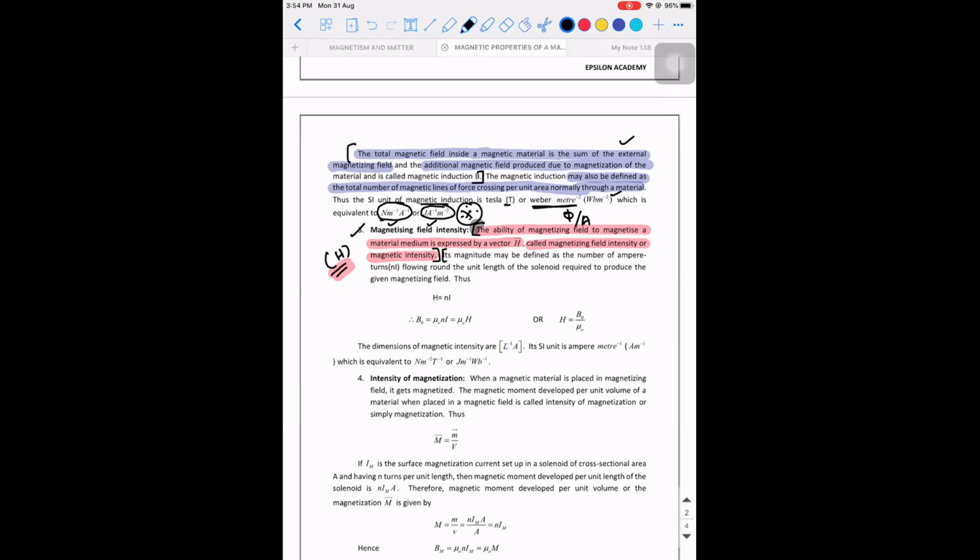So it may also be defined as, write it down, the number of ampere turns flowing around the unit length of the solenoid, which is required to produce a given magnetizing field. I'll explain what it is.